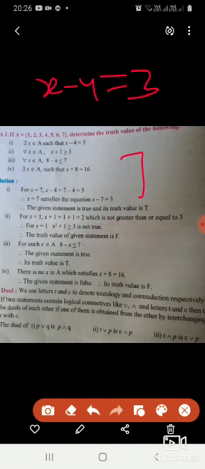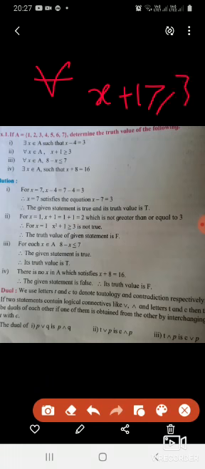First, 1 minus 4 is minus 3, no. But if you take x equal to 7, 7 minus 4 is equal to 3. So one number satisfies this, which means the given statement is true. Therefore, the truth value is T.